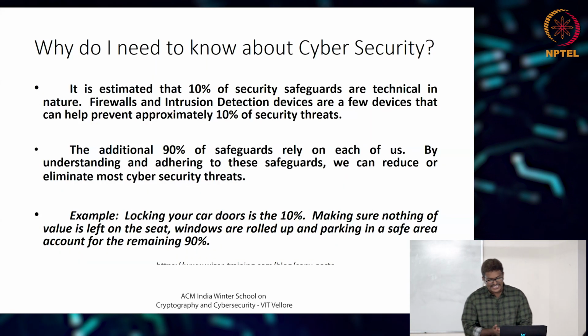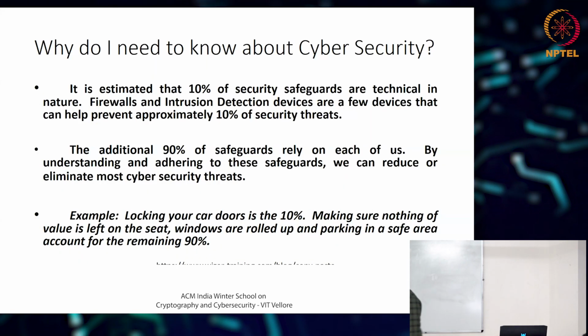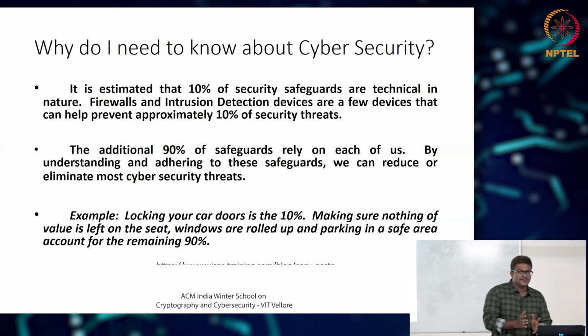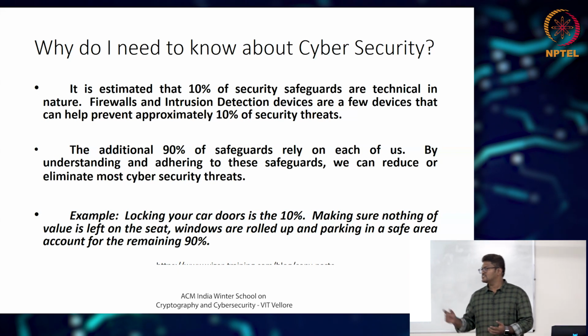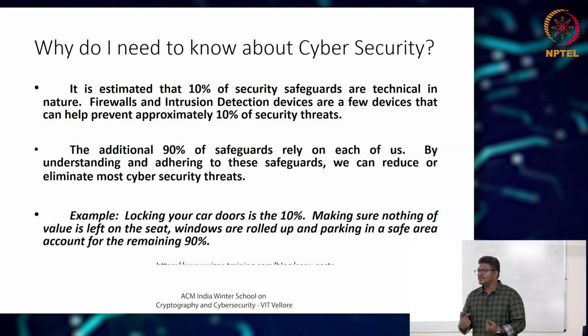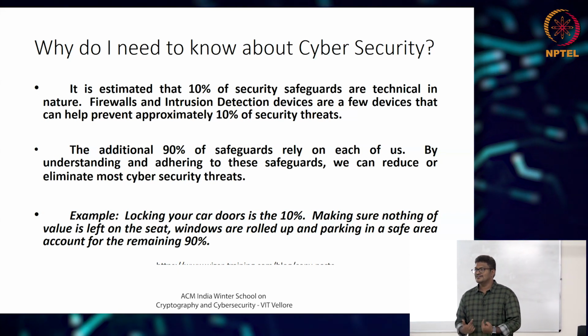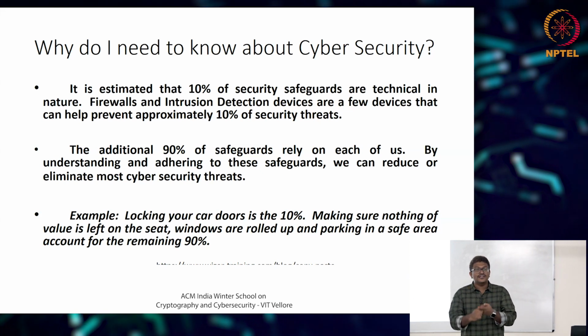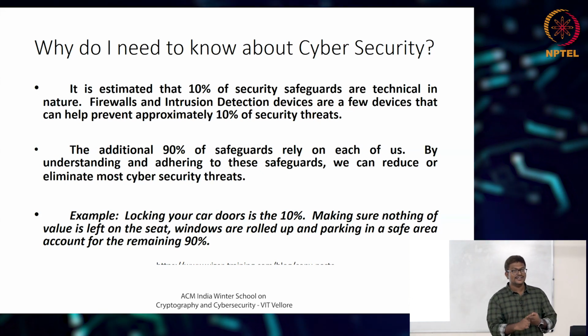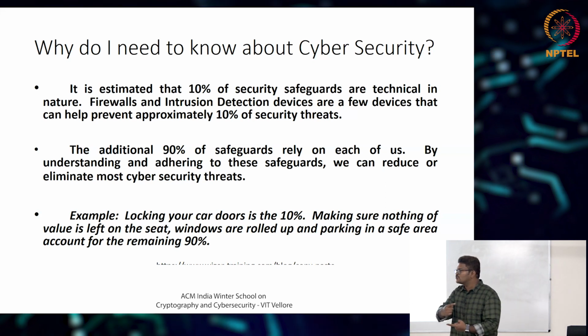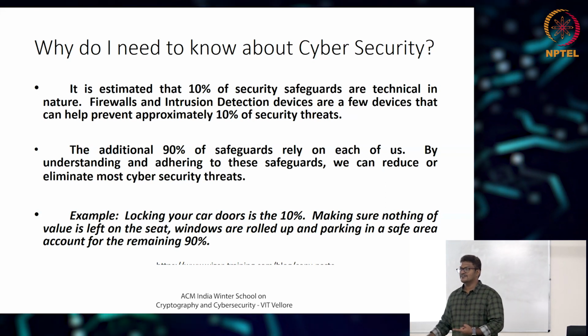As I said in the morning, whatever security systems we have, they give only 10% of the security. The rest of the 90% is all user awareness, right? For making you understand why cybersecurity is needed, I have to walk through all the phases.